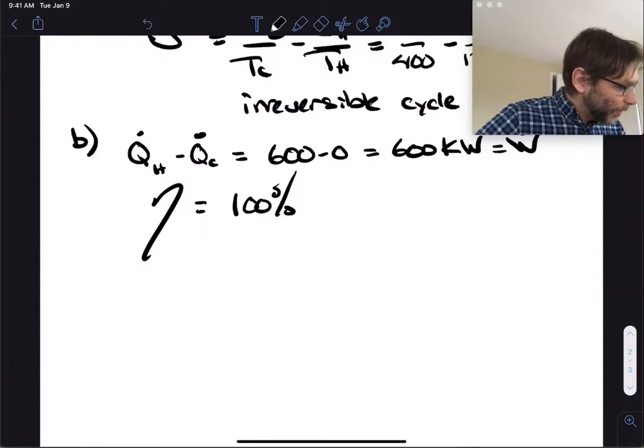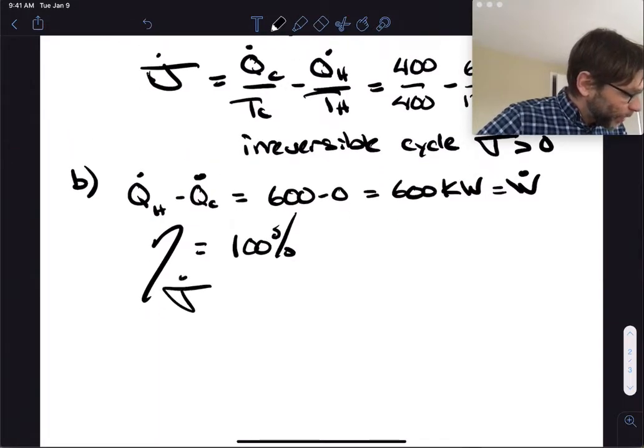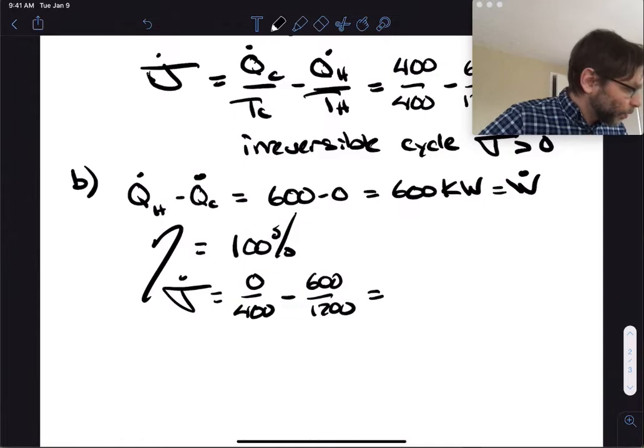Okay, and then let's just do this sigma dot thing equals QC, which is 0, over 400 minus 600 over 1200, and this is equal to negative 0.5 kilowatts per K.